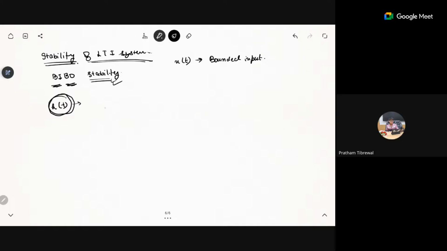I mean anything related to the impulse response. The impulse response should have some criteria, then only we can say that the system is BIBO stable. So can you tell me what should be the characteristic for this impulse response? What type of impulse response will result in a stable system?